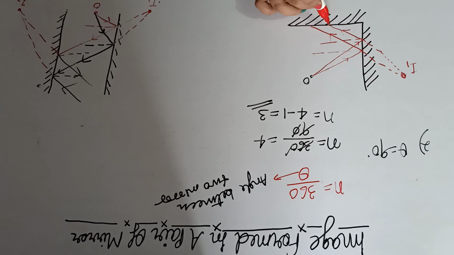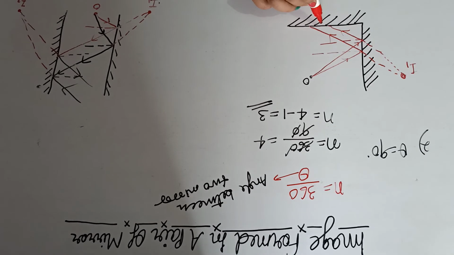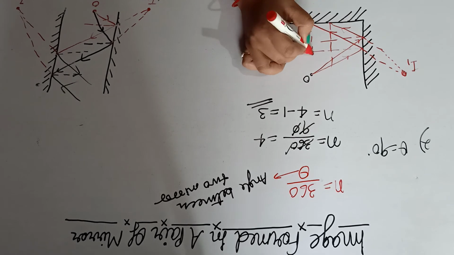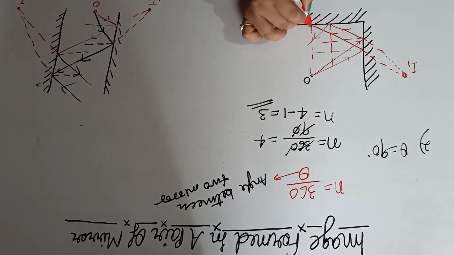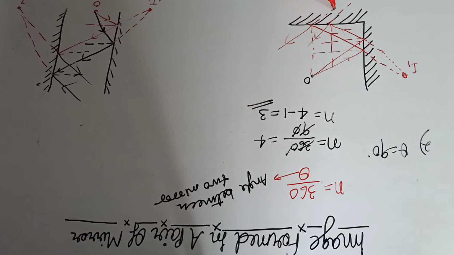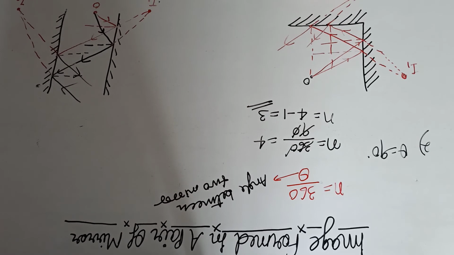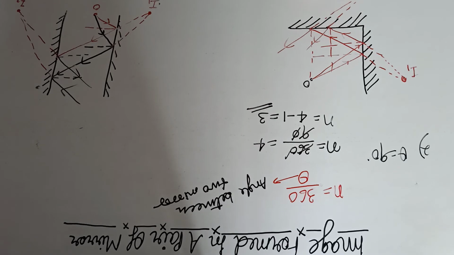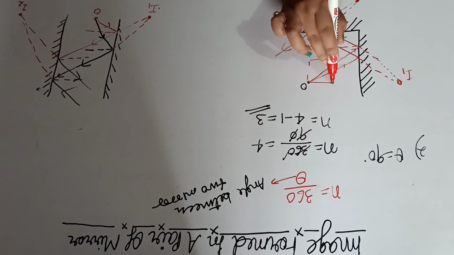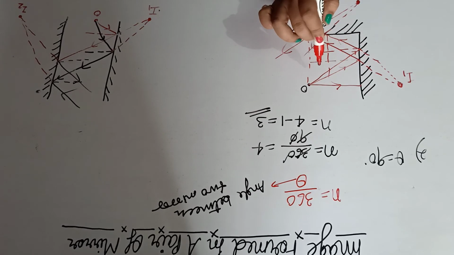These two reflected rays will behave like incident rays for the second mirror. Draw the normal here and its reflected ray. By constructing backward, we will see that they are intersecting at this point. This is the second image. For the third image, we can take the incident ray normal to the surface.